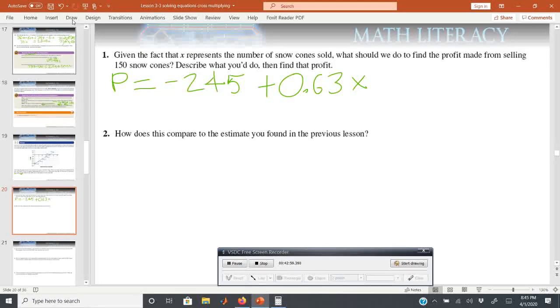If we want to know how much we make for 150 snow cones, we are now told what x is. So the equation tells us to multiply x times 0.63. We're going to multiply 150 times 0.63, add a negative 245, which was our cost.